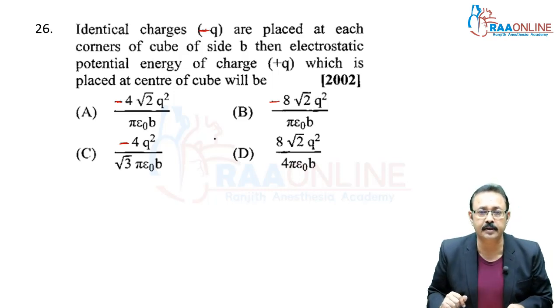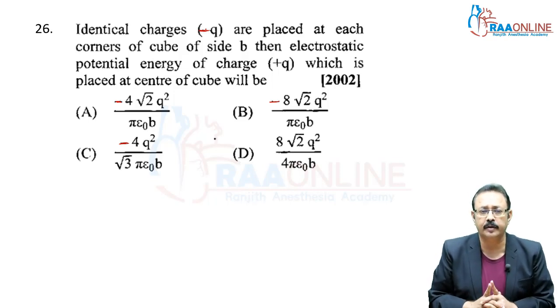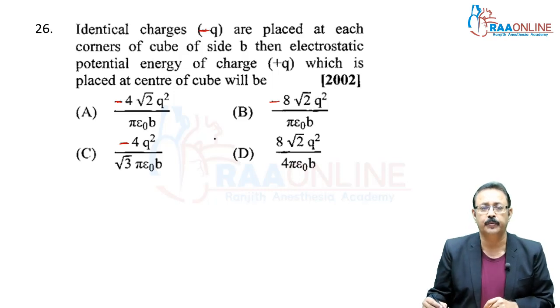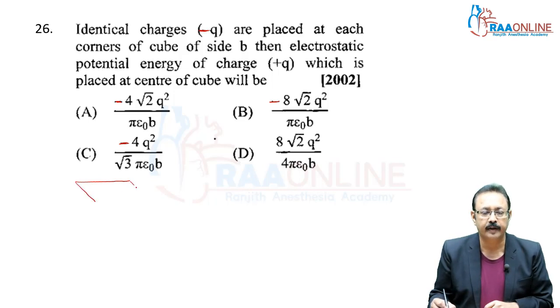So how many charges are in your system? At each corner of the cube of side b, we are putting one charge minus q, and at the center plus q. First I am making the cube so that you can understand the actual figure.